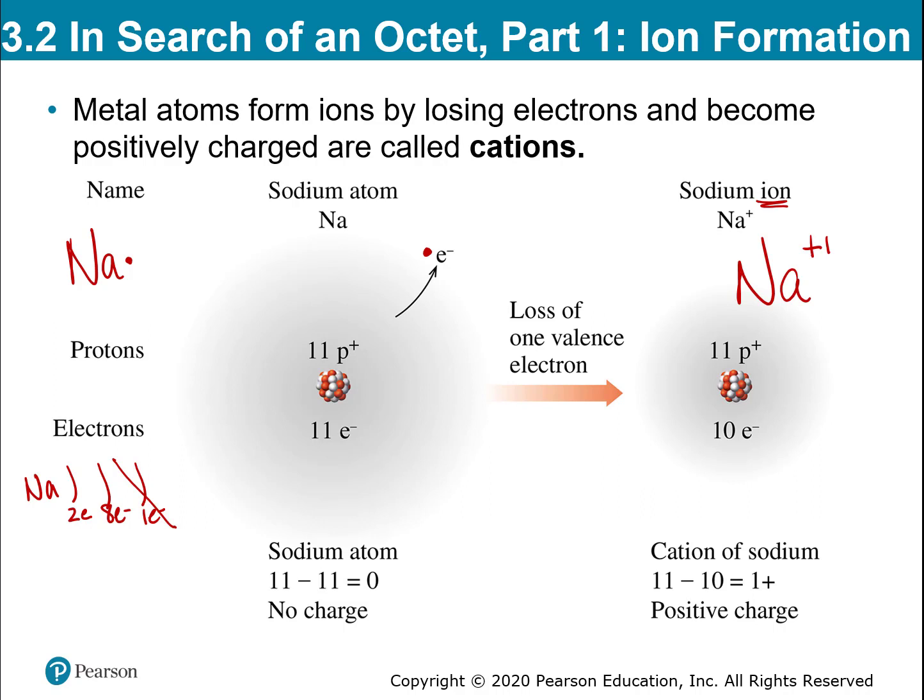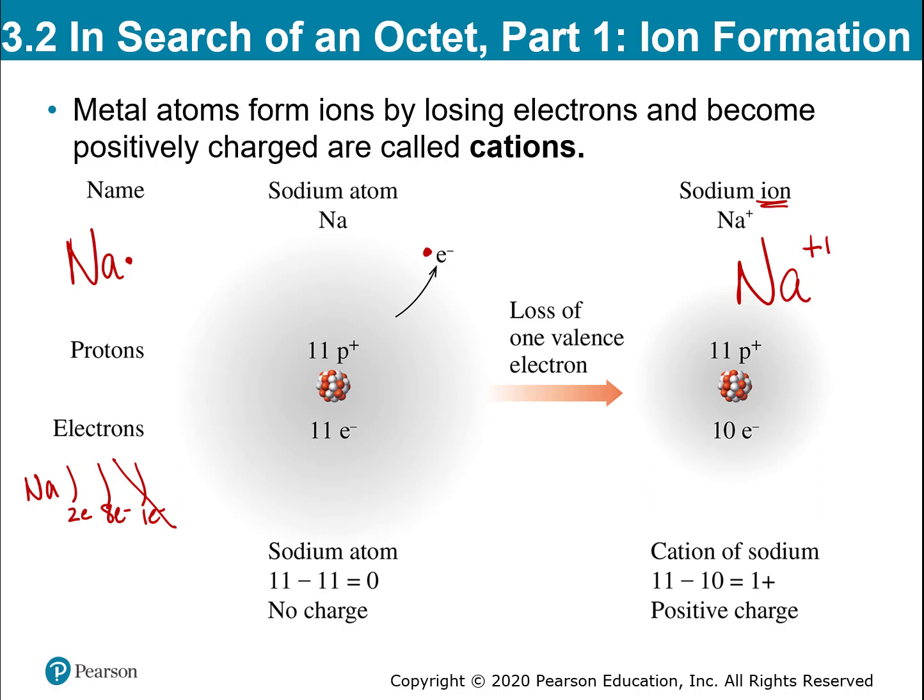So just remember, ion means that it's an unequal number of protons and electrons. Metals always become positively charged. Metals like sodium, potassium, calcium, magnesium, beryllium, aluminum, all the metals we're going to talk about, they always lose their electrons because they never have very many in the outer energy level.